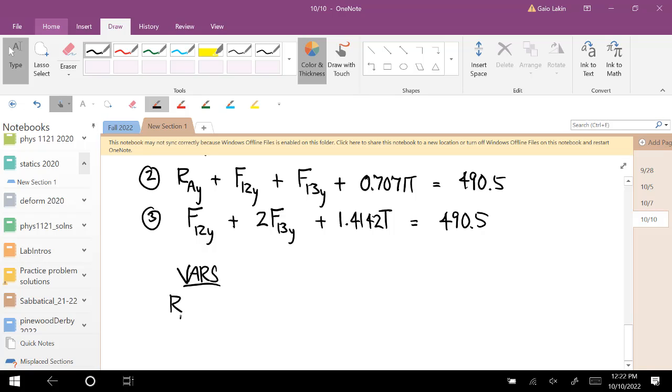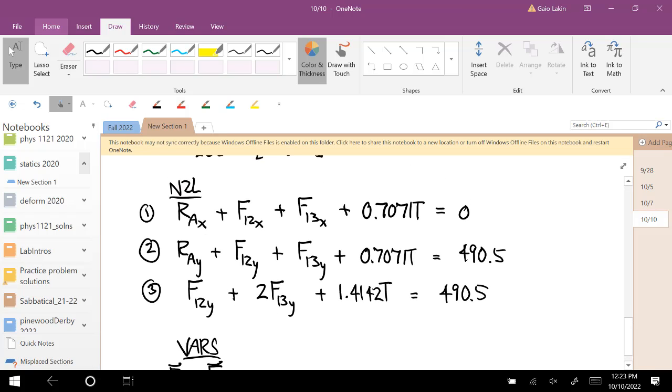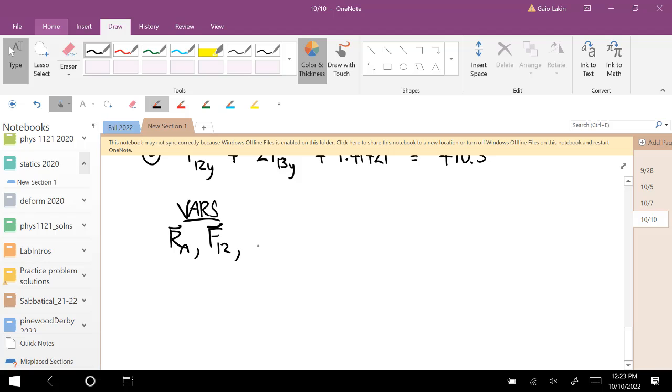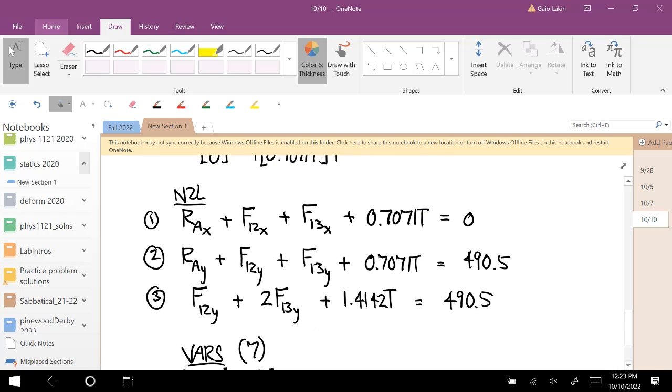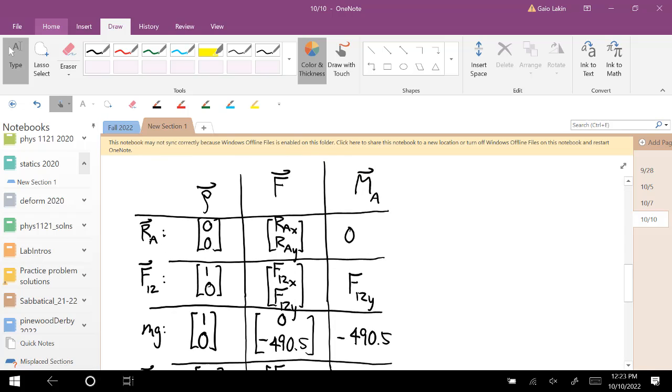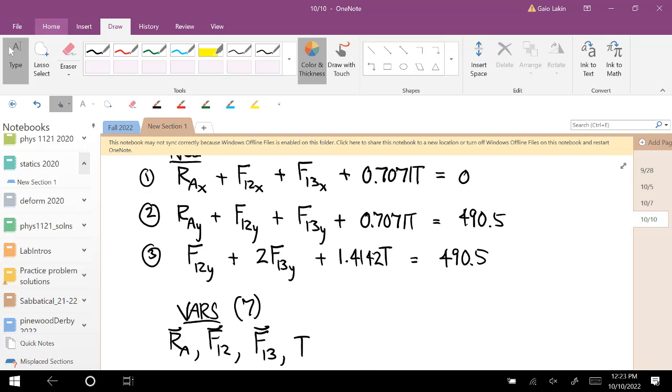We have this full vector RA, full vector F12, full vector F13, and T. So we already have 7 variables introduced. So we can't solve for anything yet. Any questions about that?